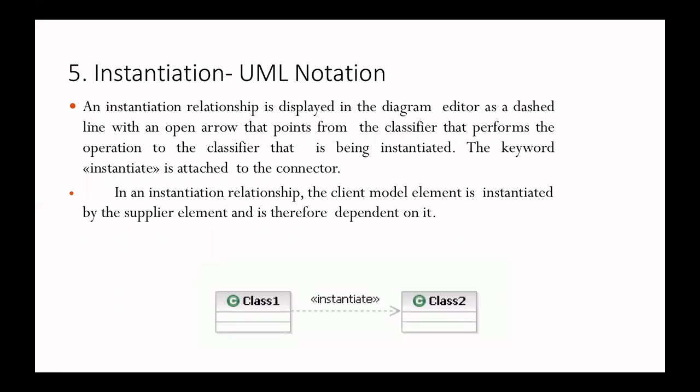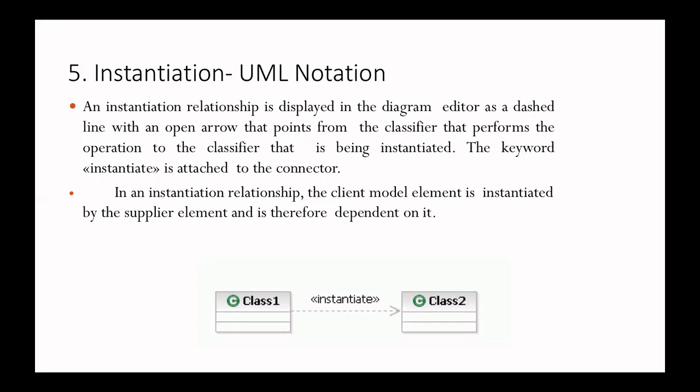Some notations are used, for instance UML. The instantiation relationship is displayed in the diagram editor as a dashed line with an open arrow that points from the classifier that performs the operation to the classifier that is being used.